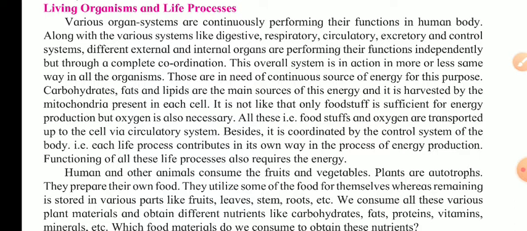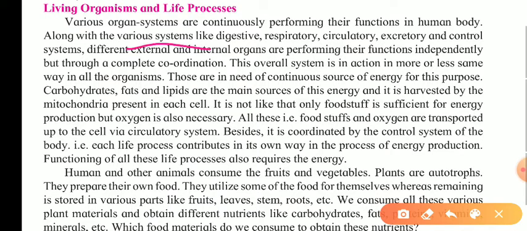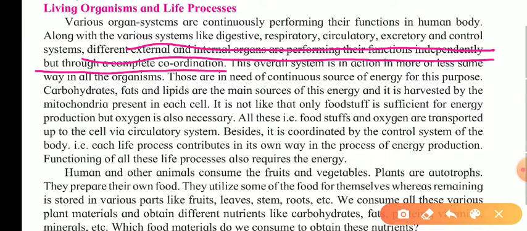Various systems like the digestive system, respiratory, circulatory, and excretory systems are in complete coordination. They are mentioned here. All the systems, digestive, respiratory, circulatory, excretory, and control systems, and different external and internal organs perform their functions independently but through complete coordination.